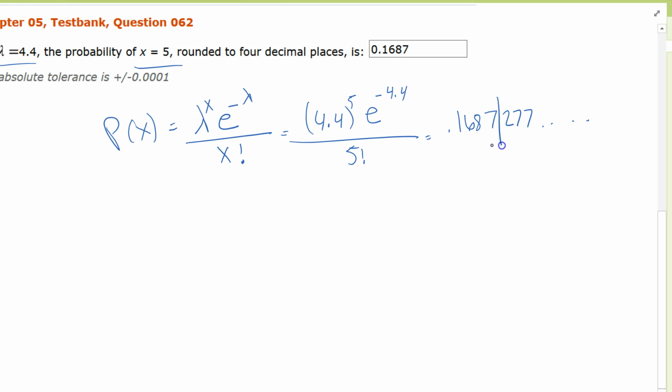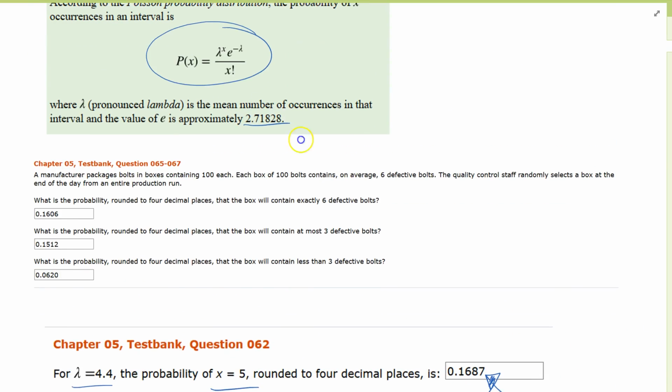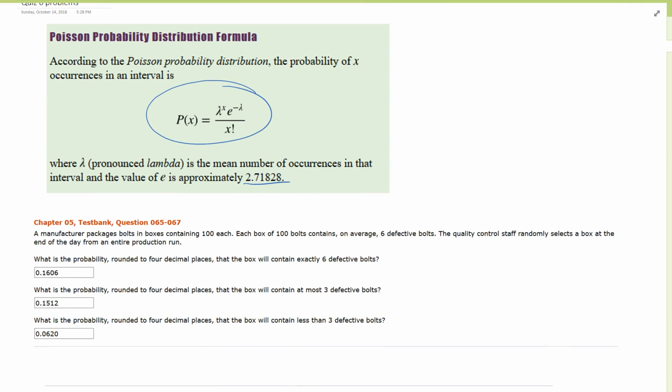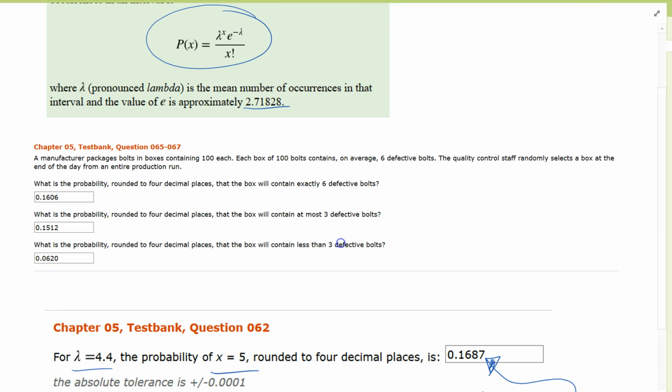Round it to 4 decimal places, and we get this answer here. So this is just plugging in the formula for a given lambda and a given x value. The application of this would be if I have a manufacturing plant that might have an average amount of defective bolts on any given container.